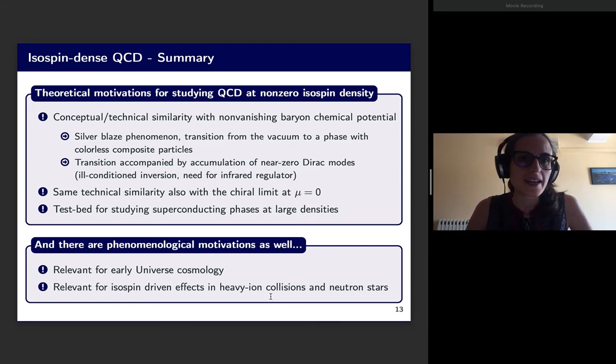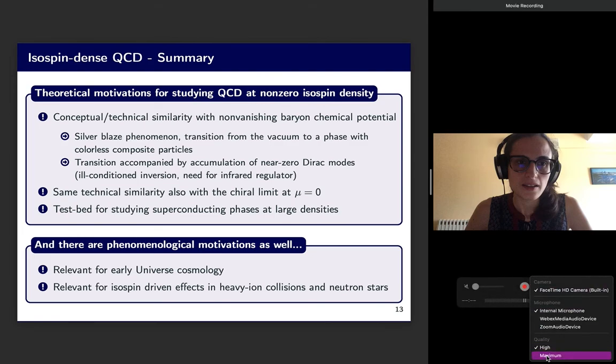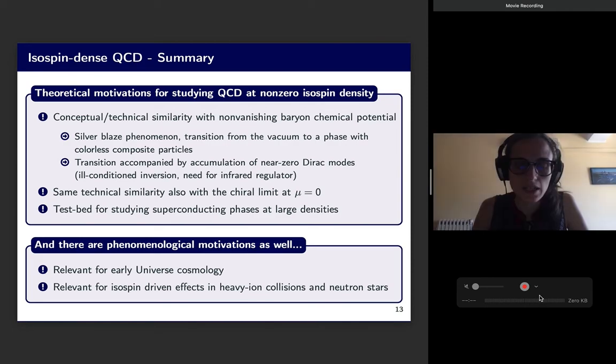All right, and this brings me to the summary for this video. I have discussed the theoretical motivations for studying QCD at non-zero isospin density. And I want to reiterate that it is conceptually and also technically similar to the case of non-vanishing baryon chemical potential, and the analogies are several.